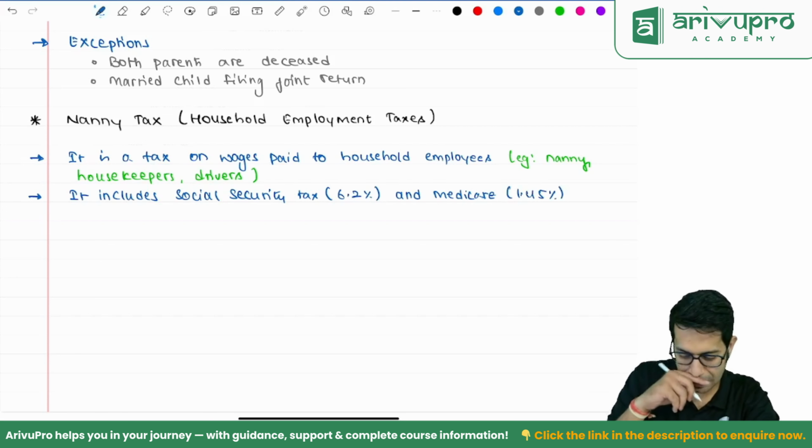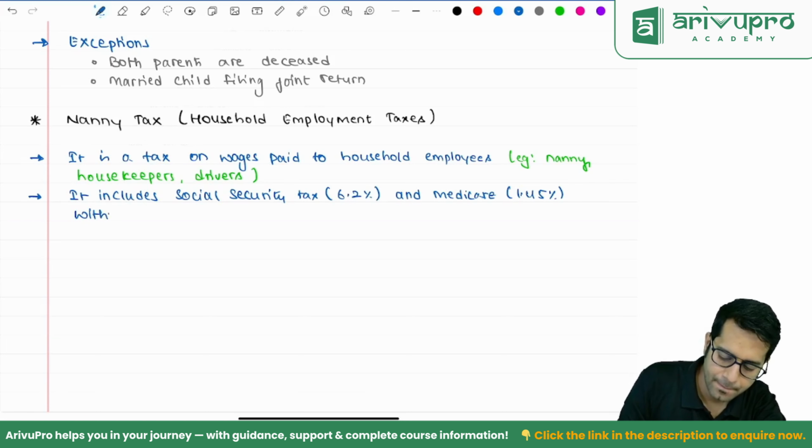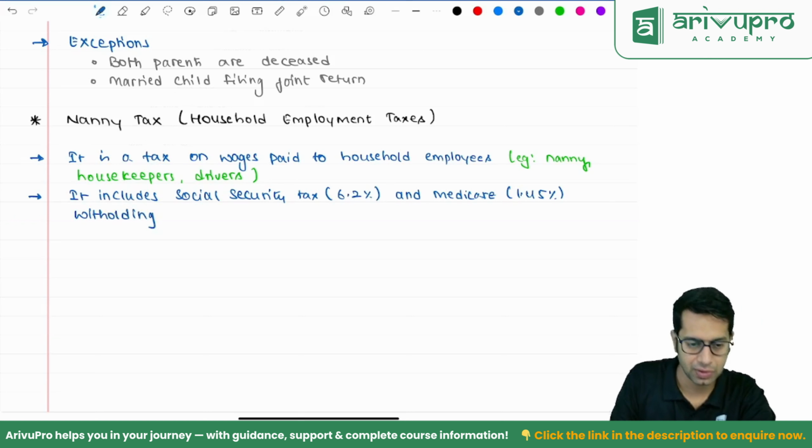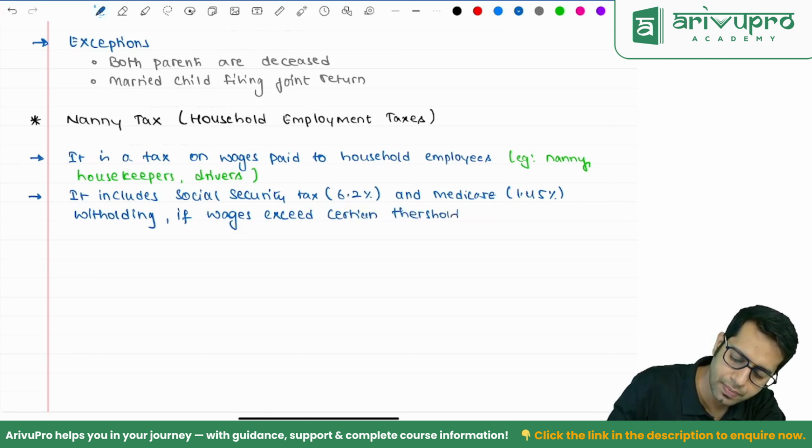It includes social security tax and Medicare taxes withholding, if wages exceed a certain threshold.